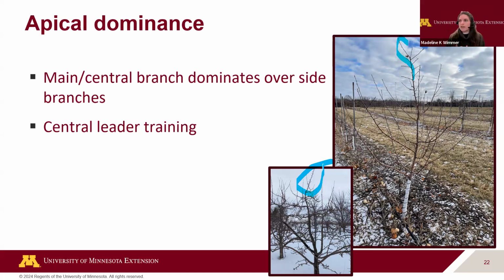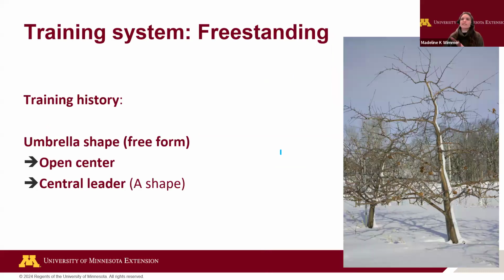So this is why, for freestanding trees, the history goes that first people were just growing trees with a free-form shape, and that's an option, right? But it doesn't lead to a lot of sunlight going into the canopy. So the next thing that was explored was this open center concept.